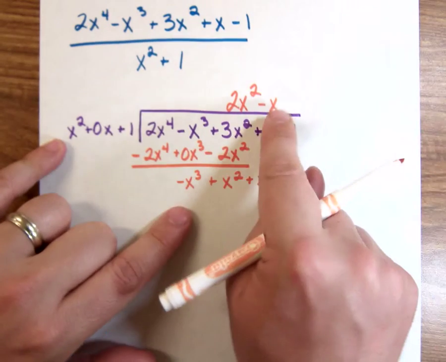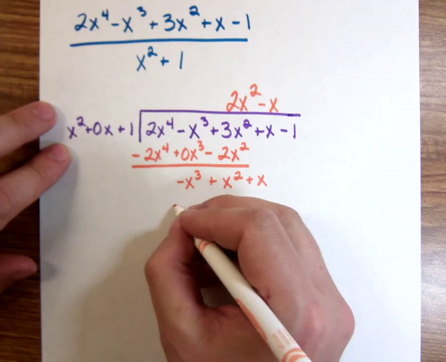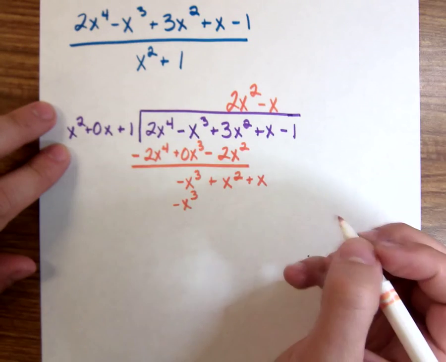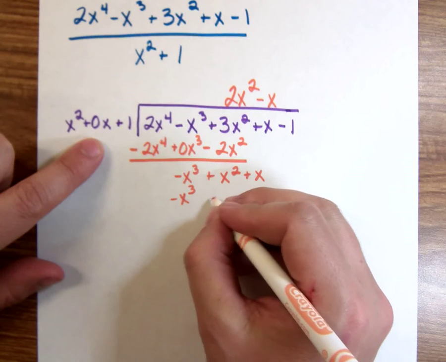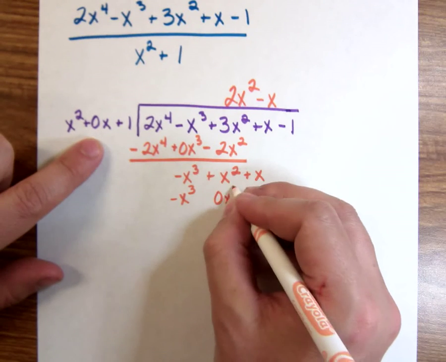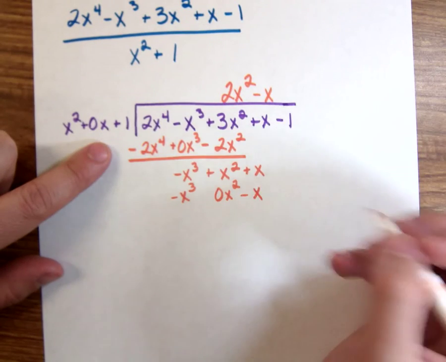And then we multiply. Negative x times x squared, negative x cubed. Negative x times 0x is 0x squared. And negative x times 1 is minus x.